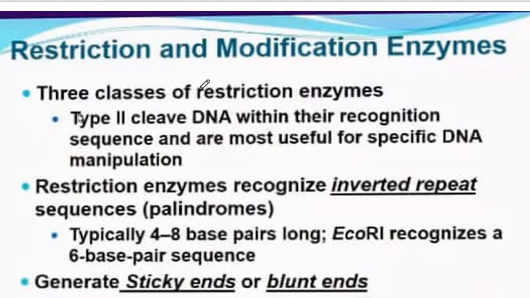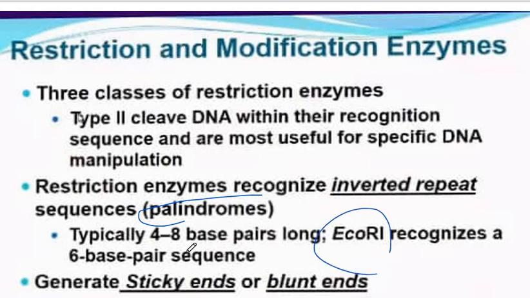Restriction and modification enzymes include three classes of restriction enzyme. Type 2 cleave DNA within their recognition sequence and are most useful for specific DNA manipulation. Restriction enzymes recognize inverted repeat sequences, that is palindromic sequences, typically 4 to 6 base pairs long.